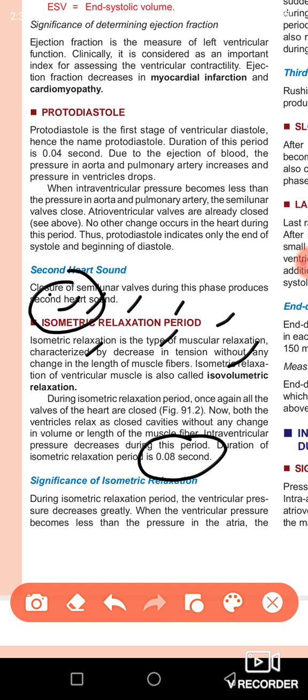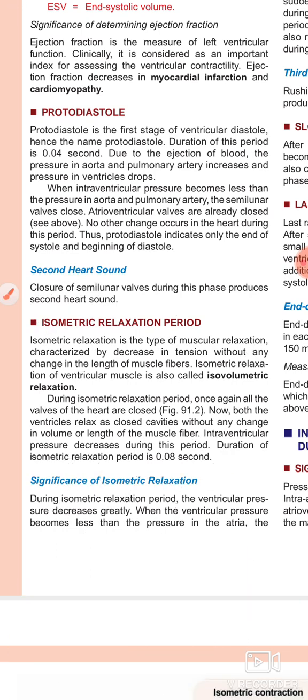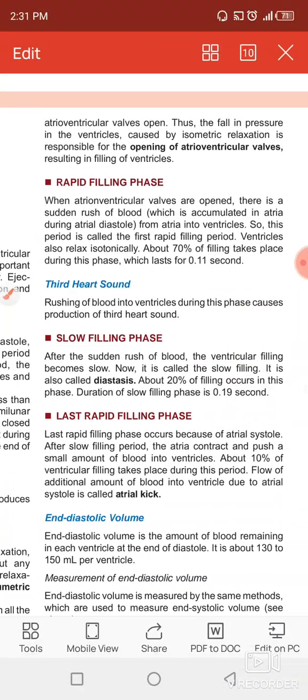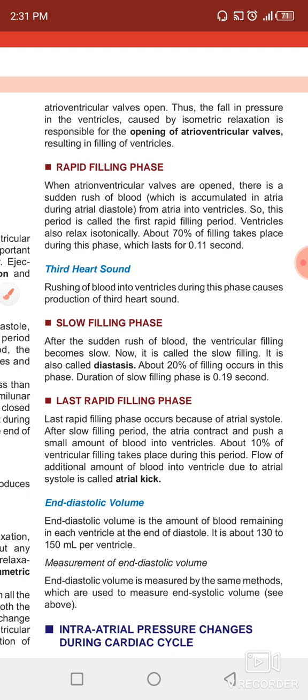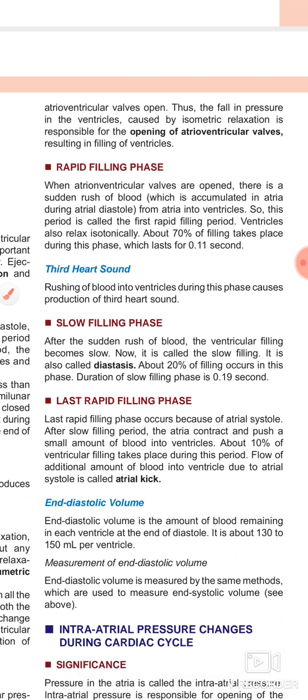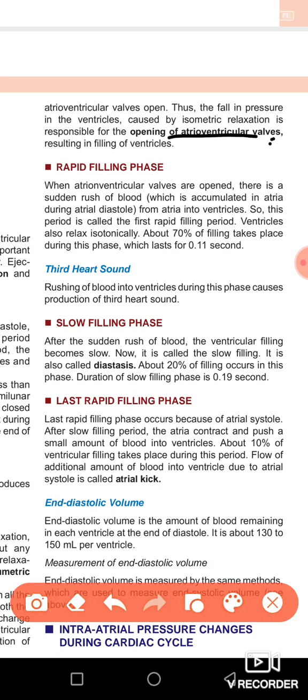During this isometric relaxation period, ventricular pressure decreases. There is no pressure in them. When the ventricular pressure becomes less than the pressure in the atria, the atrioventricular valves open, and the fall in ventricular pressure caused by the isometric relaxation is responsible for their opening. These valves, which are present between the atrium and ventricle, are going to open in this phase.